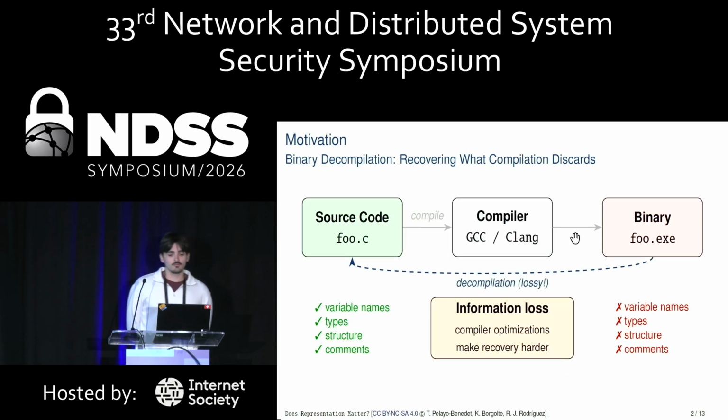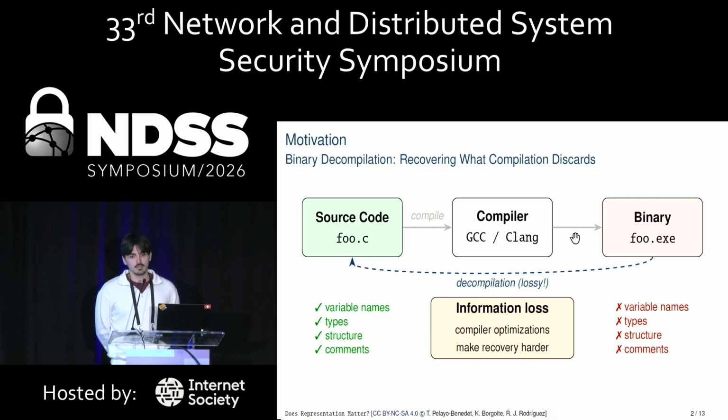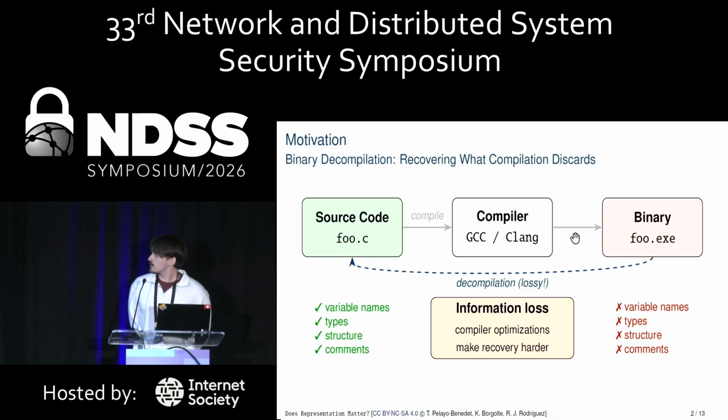First of all, what is compilation and decompilation? Compilation is the process of transforming human-readable source code into binary to execute in the machines. And decompilation is the reverse process in which you have the binary, and you want to recover the original source code.